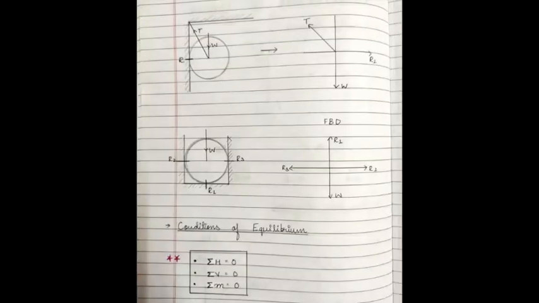You can see the second example here. I think you have solved that problem. There are two sides of the wall; the sphere is in contact with one side of the wall, and it is also connected to a wire or a rope. Here you can see how to draw the free body diagram. I have not given the angle, please ignore it. The angle should be there, or you can assume an angle when you're solving a problem.